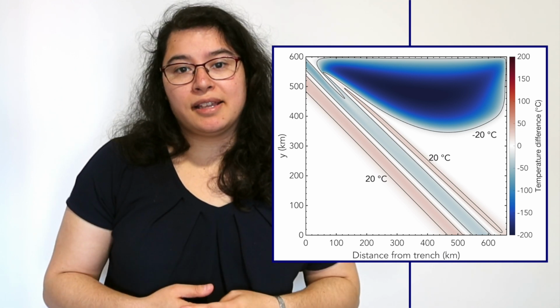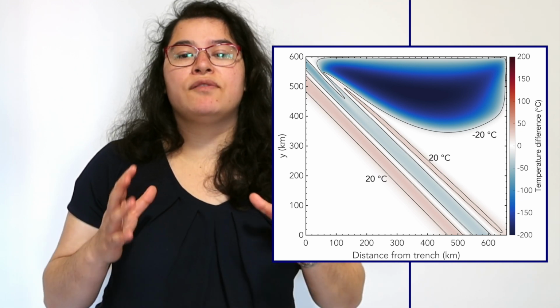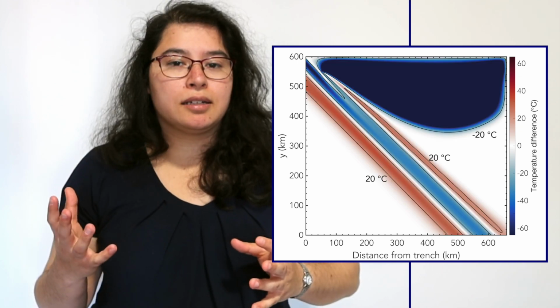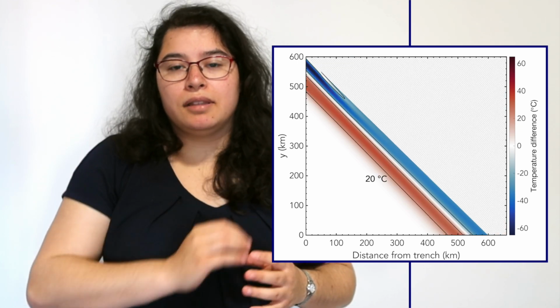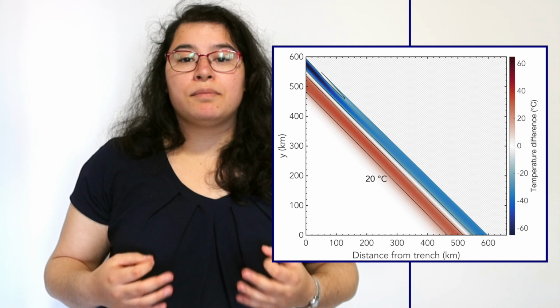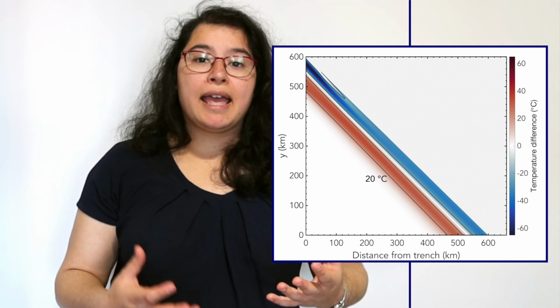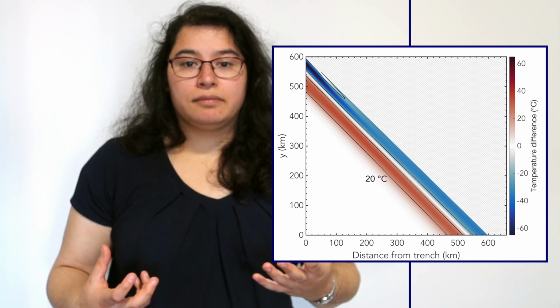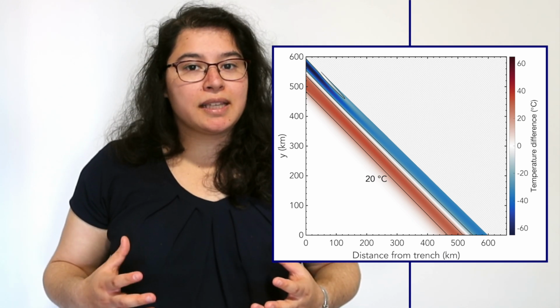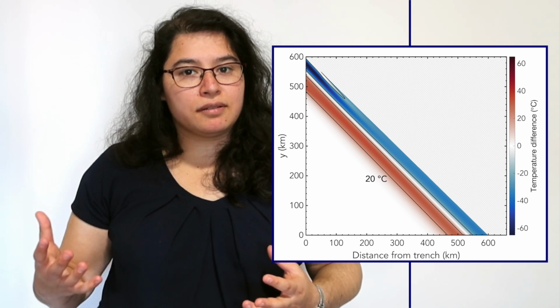Well, we are only interested in the slab at the moment, so let's focus on that, adjust the color scale, and block out the mantle wedge. When we use temperature-dependent thermal parameters, the top of the slab is colder and the bottom of the slab is warmer. And within the slab, the temperatures can change by up to 65 degrees Celsius.